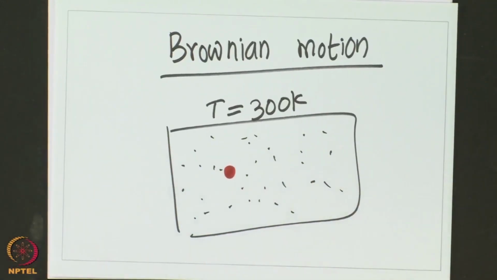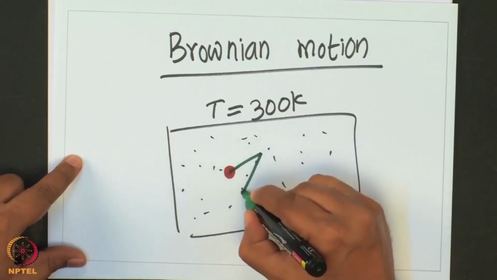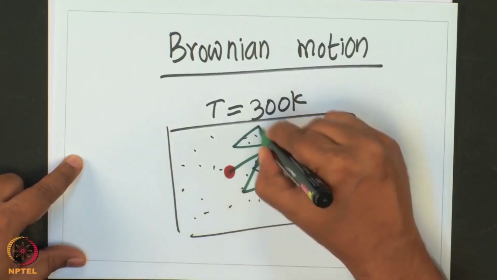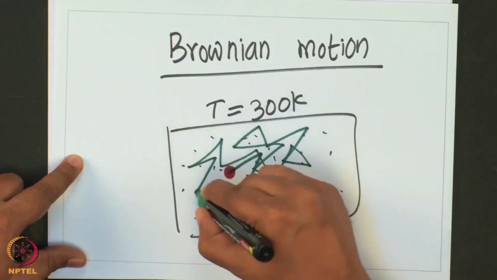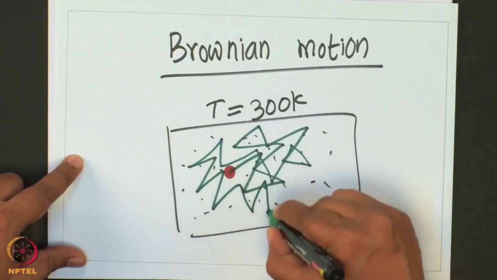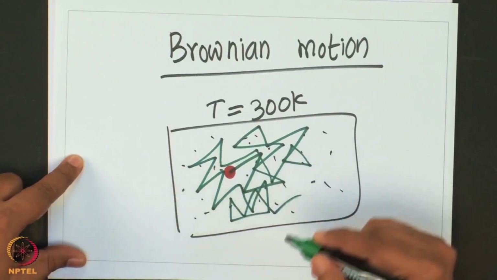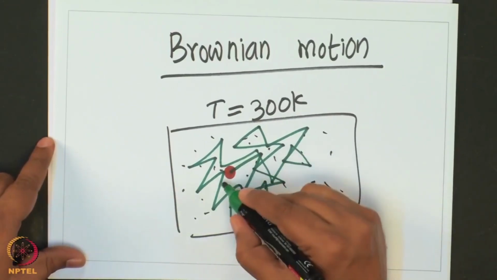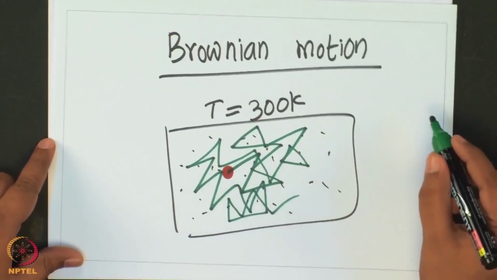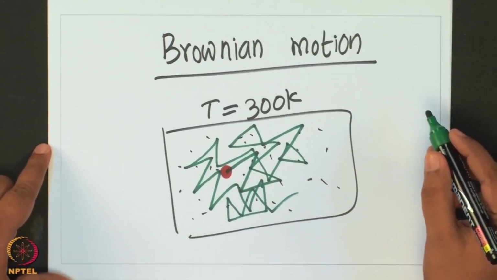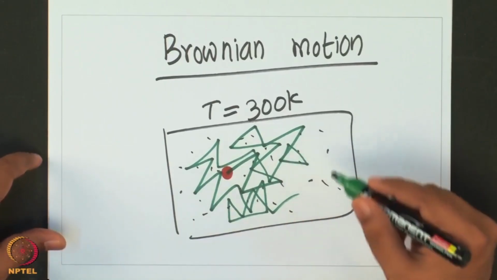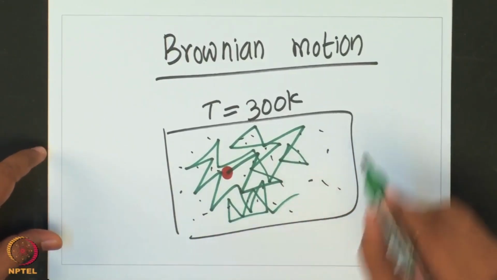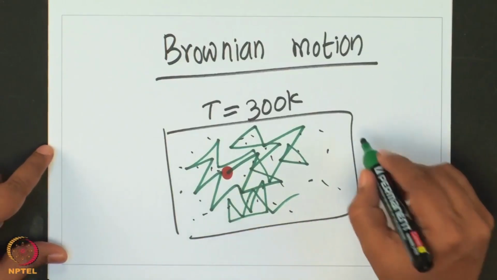A small protein molecule will follow some random path, assuming that the mass of this protein molecule is very small. They will just keep moving and do some random motion. Why this random motion? Why?